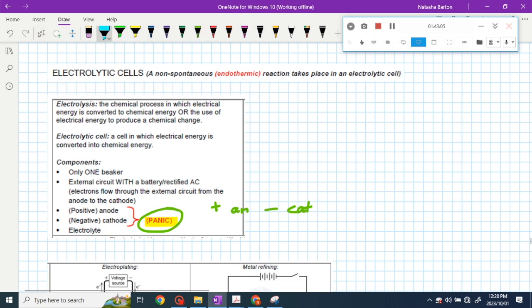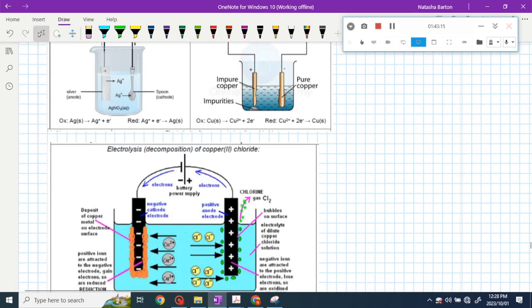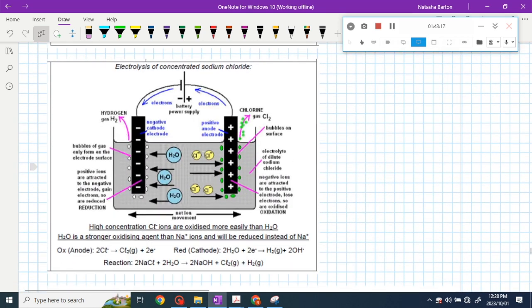In your electrolytic cells, we have an endothermic reaction. It's a non-spontaneous endothermic reaction. The thing that you guys struggle with the most is these reactions, like for example, the electrolysis of sodium chloride, because the reaction takes place according to whether or not it is concentrated or dilute.